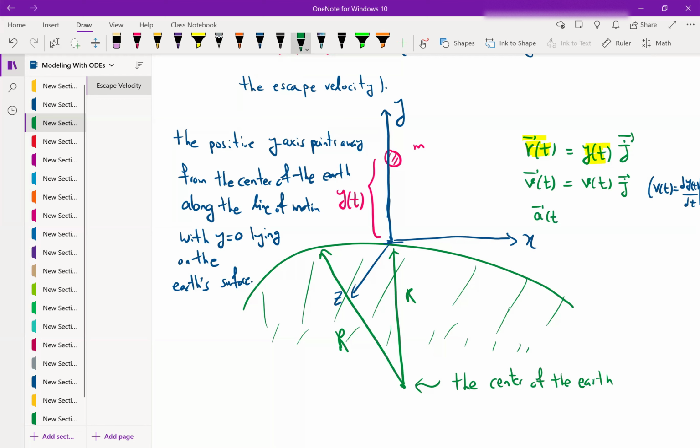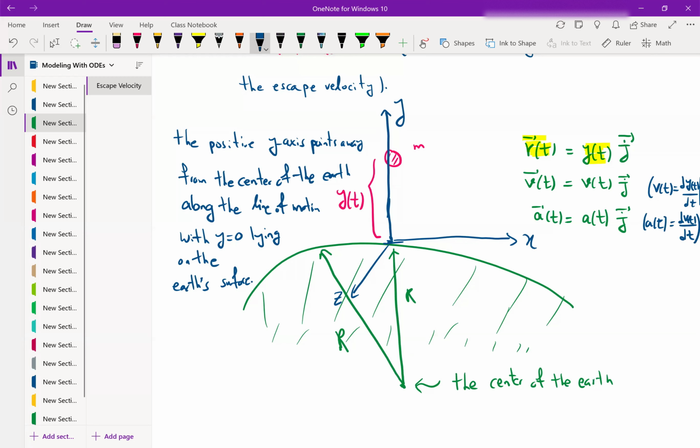The acceleration at time t is the derivative of the velocity vector, it will be j multiplied by a of t. I'm going to use the symbol a of t without an arrow on top. This is a number. It can be positive or negative in general. And this a of t is equal to dv/dt, the derivative of v with respect to t.